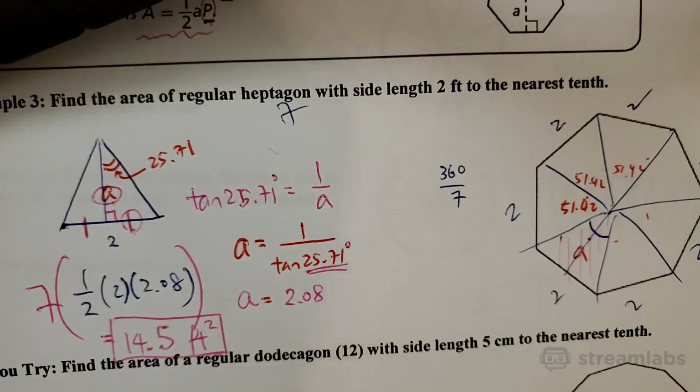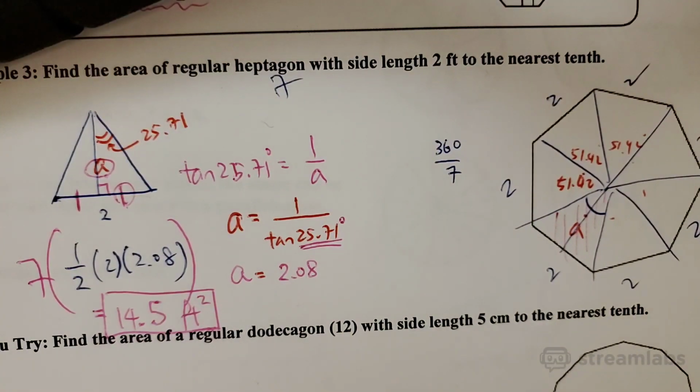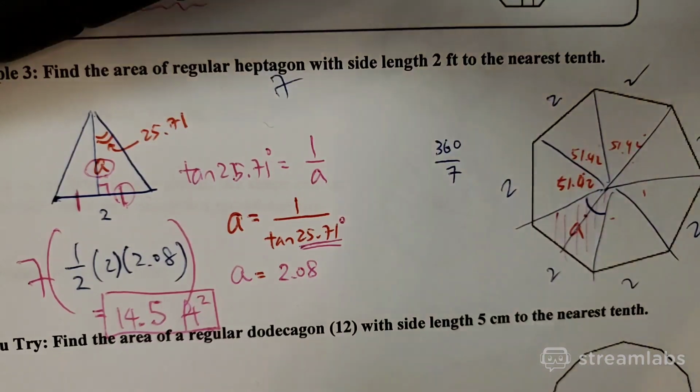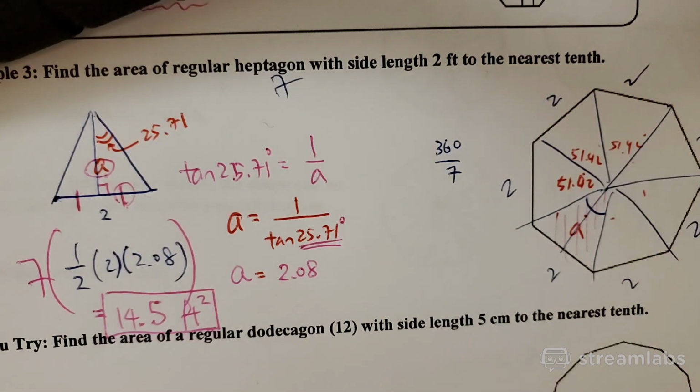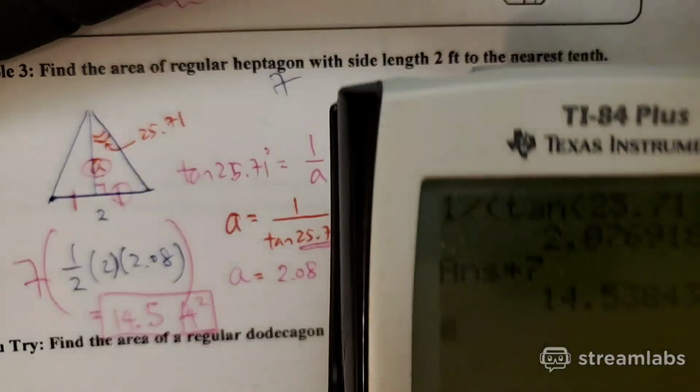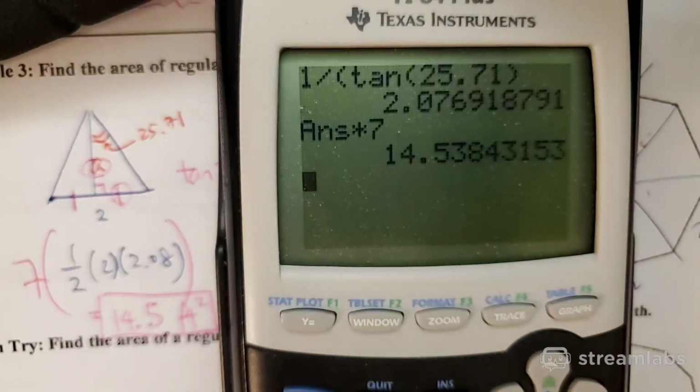Okay. Times 7. Everyone understand why I multiply by 7? Oh, it's because the apothem was also rounded. Here, let me show you guys what happened.